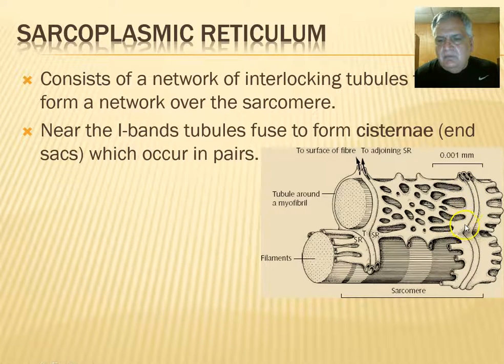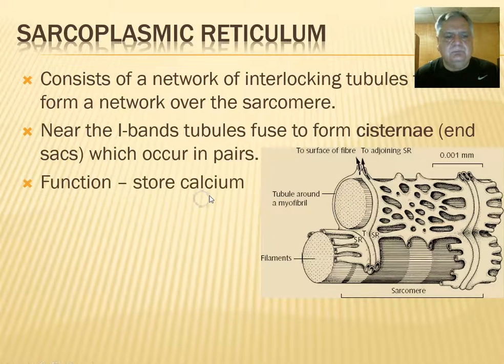So here's a fusion of tubules on this side, and this is referred to as a cistern. And here we can see another fusion of tubules over here, another cistern. Together, plural cisternae, these end sacs. The function of these end sacs is to store calcium inside the sarcoplasmic reticulum until it's going to be released during a muscle contraction.